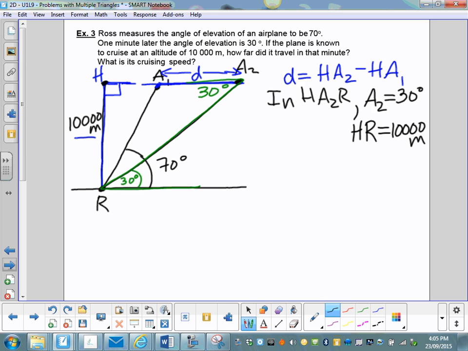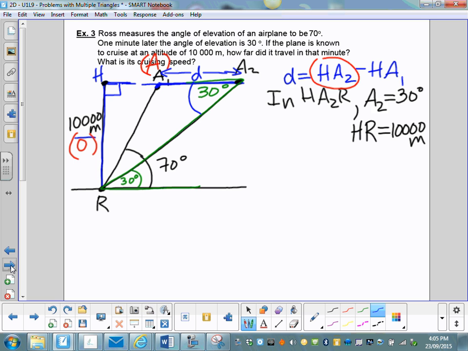And we need to label those two sides, much like we did in the last example, in relation to this angle here. So if we're talking about those two sides, the 10,000 meters is opposite, and the side at the top here, which is HA2, that's this side here, it's equal to the adjacent side.